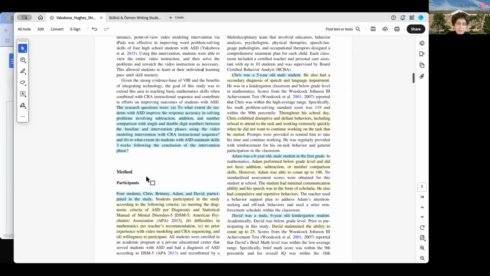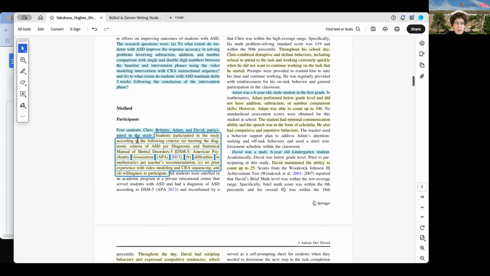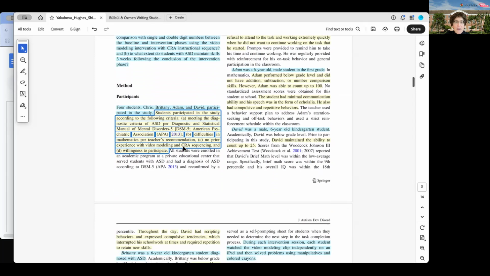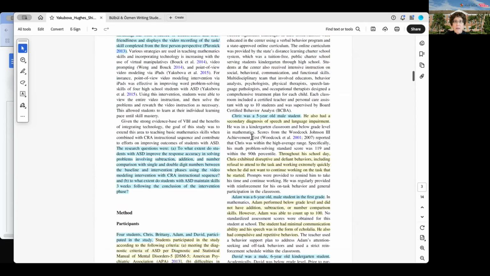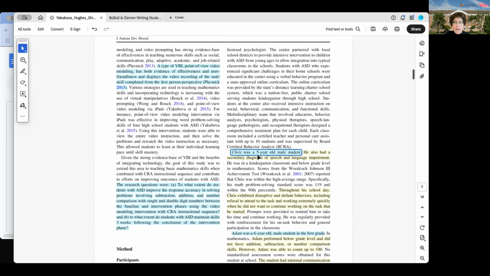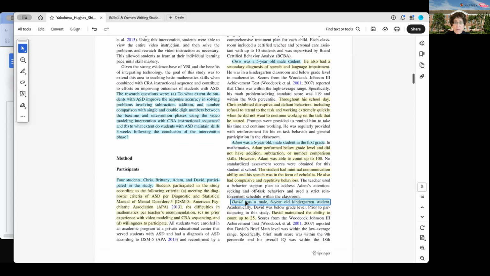Okay, so in the methodology, they are telling us there are 4 students, Chris, Brittany, Adam, and David. And they are telling us that they met the criteria for ASD. Okay, and then there's specific information about Chris and each one of these students.